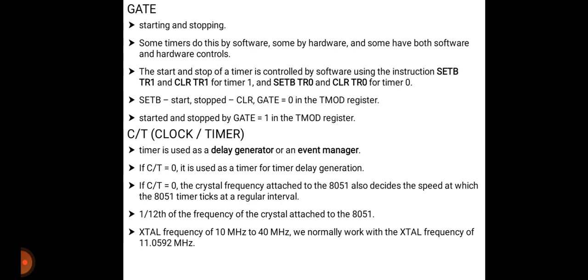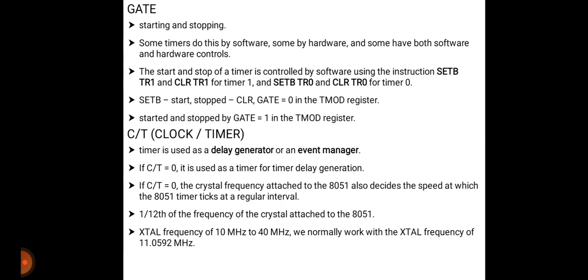The timer frequency is always 1/12th of the frequency of the crystal attached to the 8051 controller. Various 8051-based systems have XTAL frequencies like 10 megahertz to 40 megahertz. We normally work with an XTAL frequency of 11.0592 megahertz.